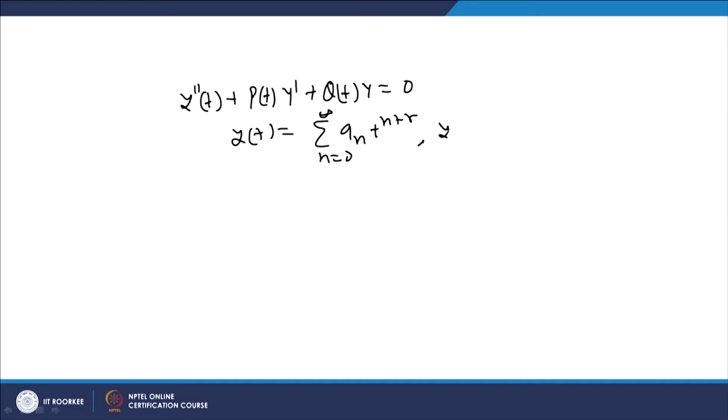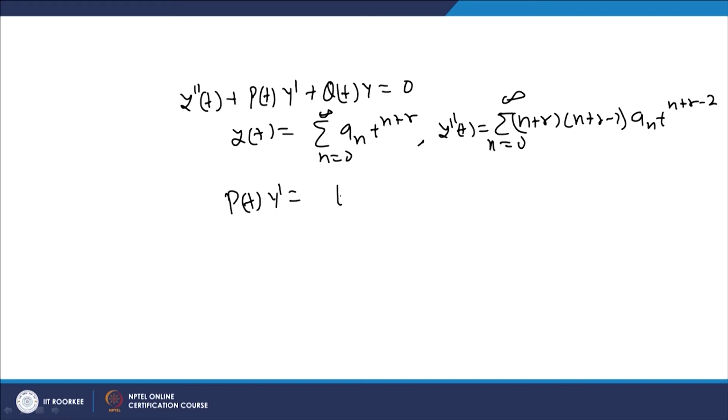So, we can easily find y dash t is equal to summation n plus r minus 1 a n t to the power n plus r minus 2, sorry, this is y double dash t, n equal to 0 to infinity. So, here we have just calculated y double dash t, and p t y dash is basically what? p t y dash is t to the power r minus 2 summation, here we have calculated k plus r, a k and p n minus k, and it is what?